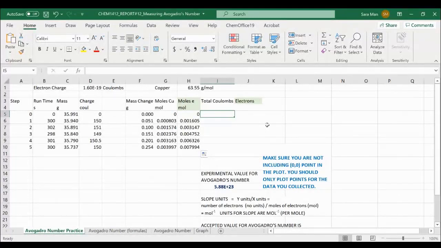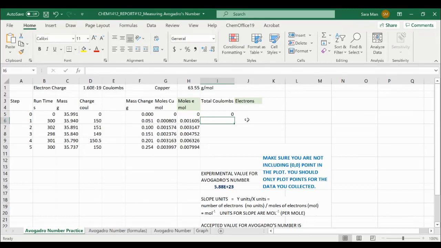How do we do that? Pay attention. We add the coulombs from the previous step. For example, in this case, obviously, we didn't add any current, so it's going to be 0.